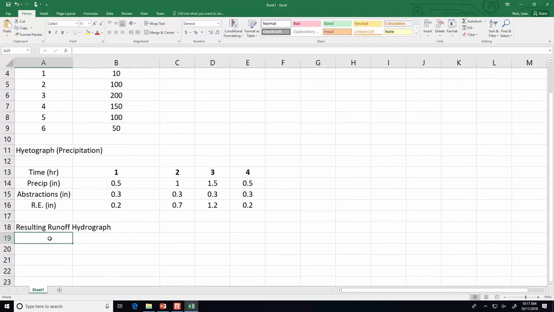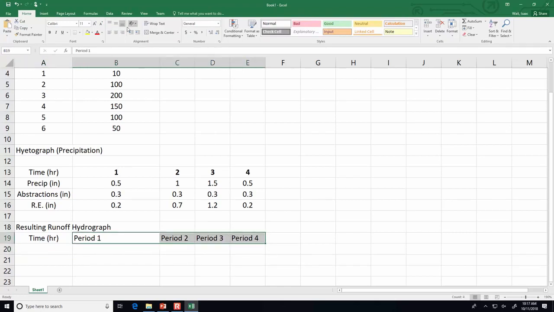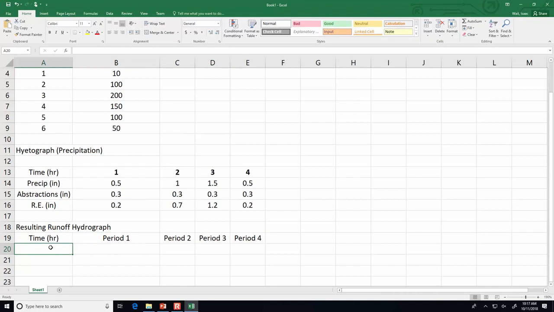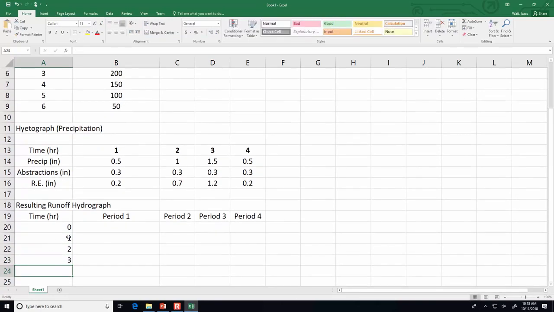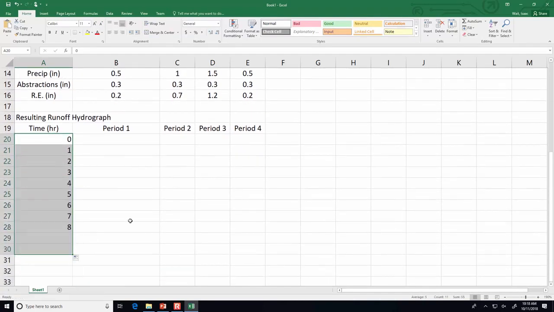All right. And so we have time in hours, and then we'll call this like period 1, period 2, period 3, period 4. And we got to go down through 10 hours, and you'll see why it's longer than the unit hydrograph.